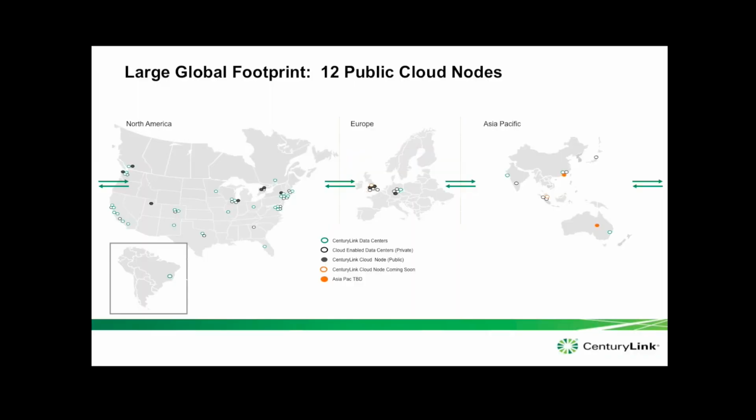So if you take a look at our global footprint, currently today we have 6 cloud data centers in the U.S. Those are going to be in the Seattle area, Santa Clara in California, Utah, Chicago, Virginia, and New York. We have 3 in Canada, 1 in Vancouver, 2 in Toronto, and then 2 over in the UK, and 1 in Germany.